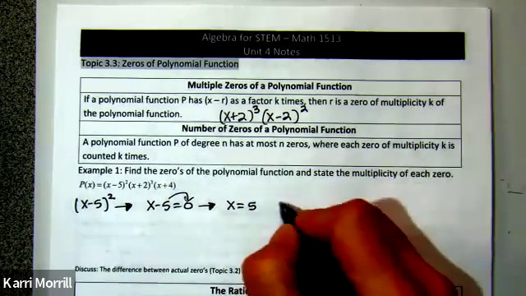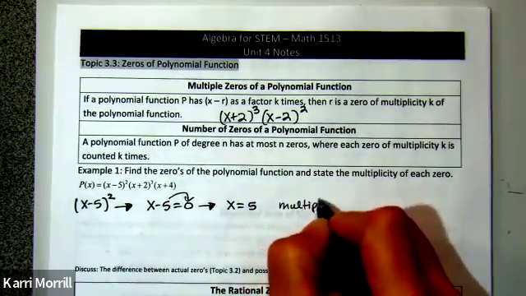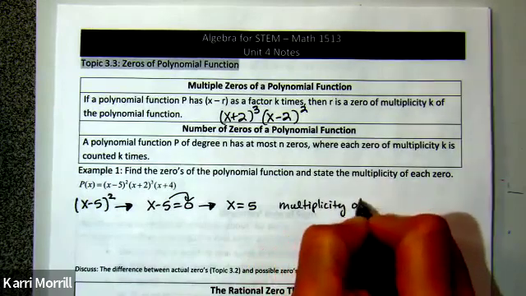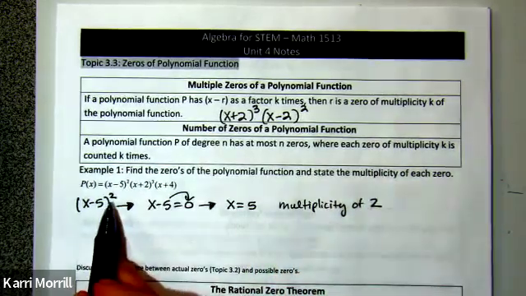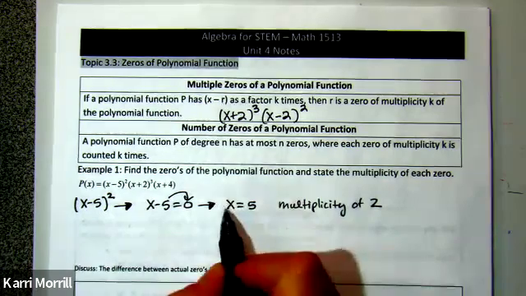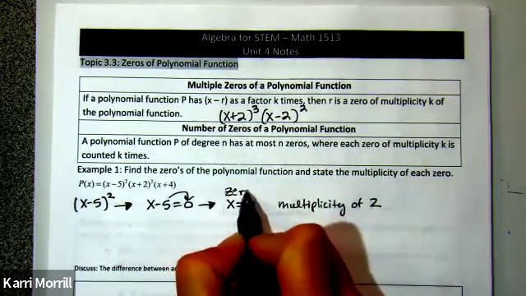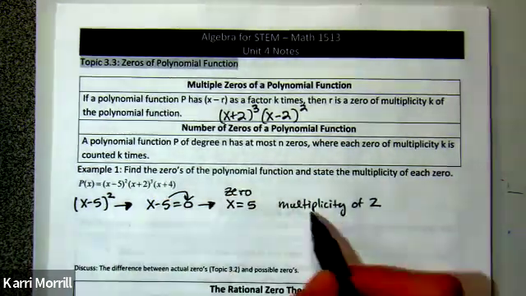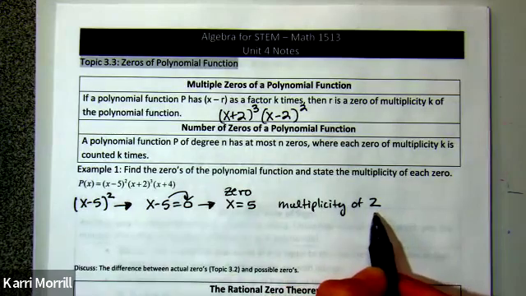That factor has a multiplicity of 2. That means it was a factor twice. So that's what that's meaning. Find the zeros, which we found. This is what would zero that out. And state the multiplicity, which would be 2 times.